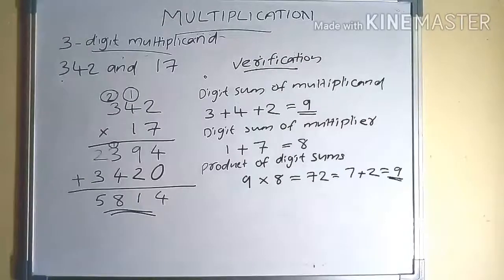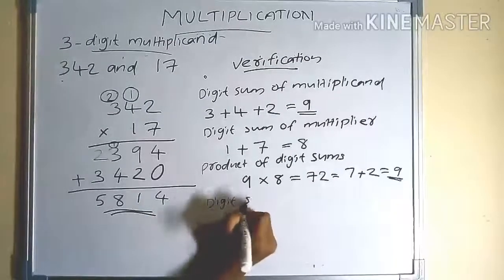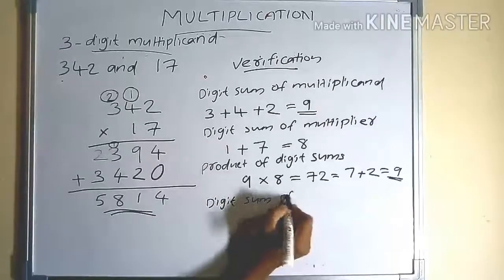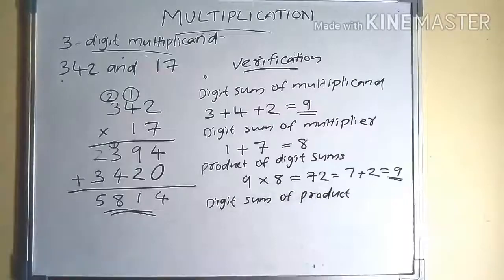Okay, next find digit sum of product. We know that the result of multiplication is known as product. So, in this question, the product is 5814.